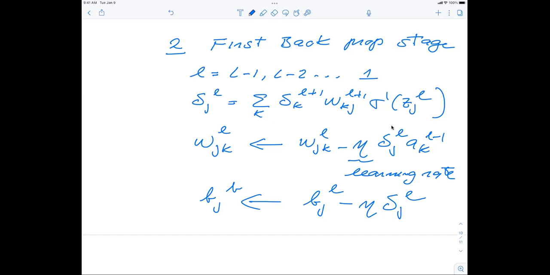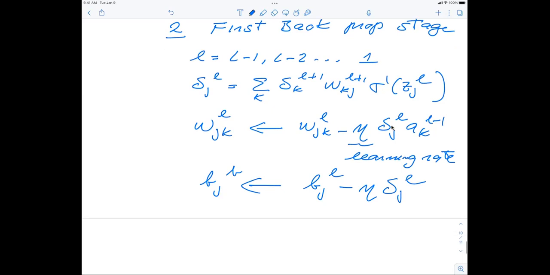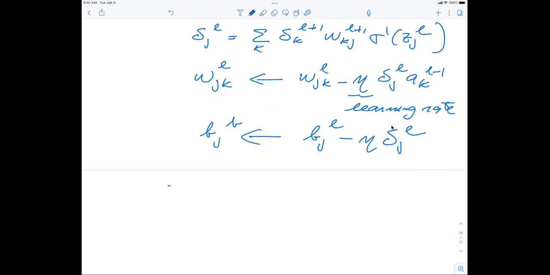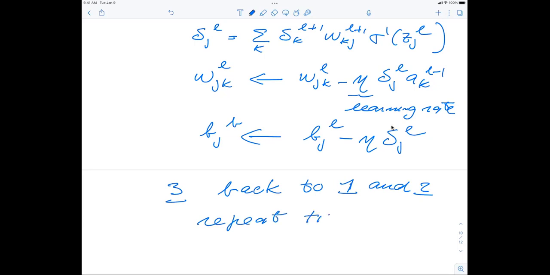So when we've done this first stage, the next stage, 3, is back to 1 and 2, and repeat till convergence is met.